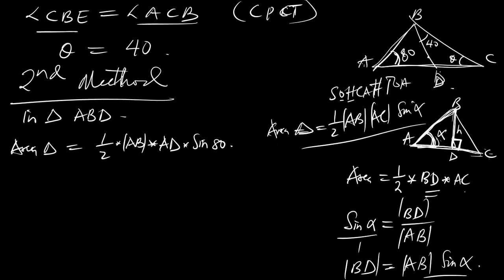Now you know the angle here is equal to the sum of these interior angles. The external angle of a triangle is equal to the sum of the interior angles.